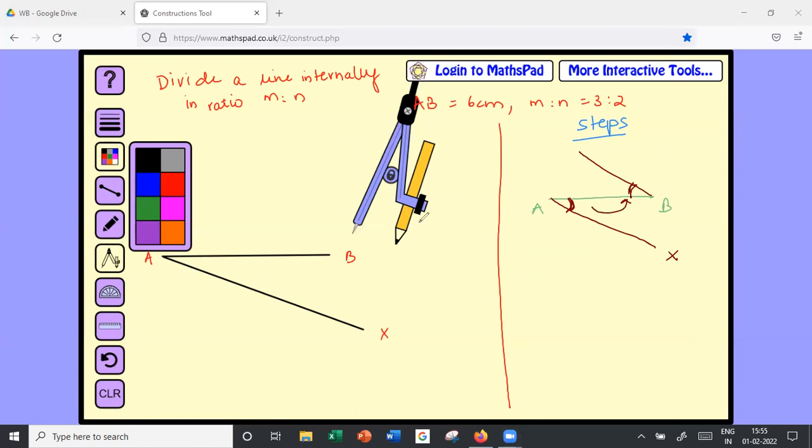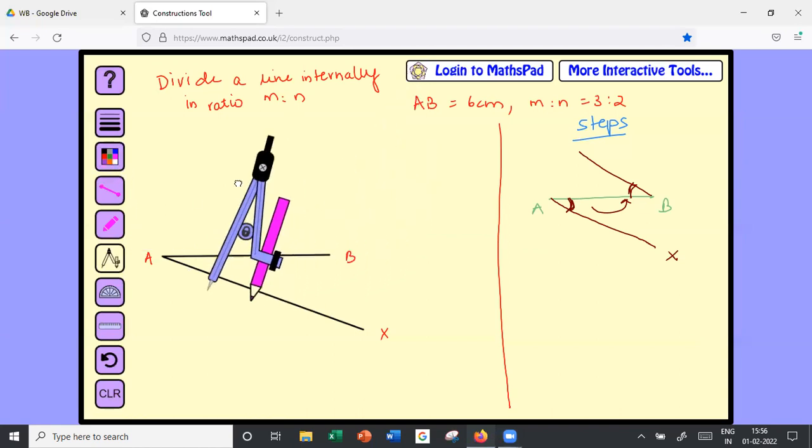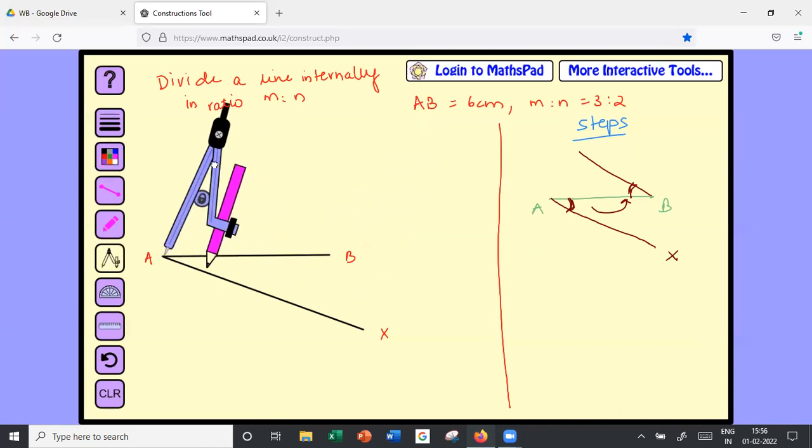You do that with the same arc method: you find out what this angle is and copy it there. So I keep the pointed end of the compass on A, take any random value, and draw a semicircle.